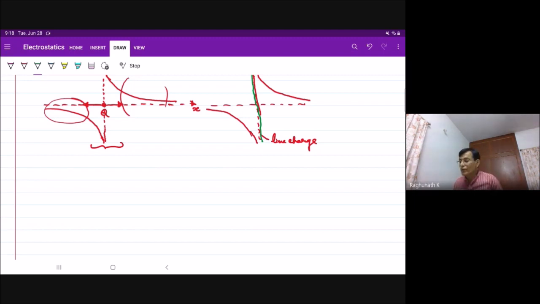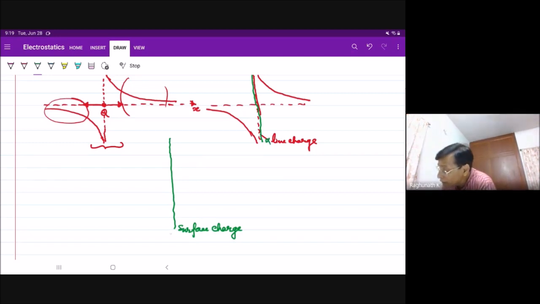We saw that in the case of a surface charge, rho s by 2 is the flux density, and rho s by 2 epsilon is the electric field intensity. It is not dependent on the distance if it is an infinite surface charge.